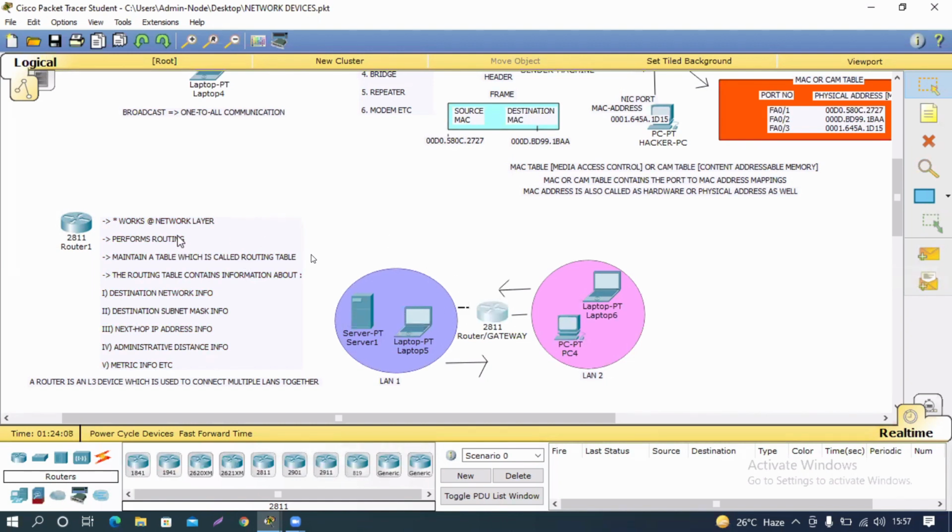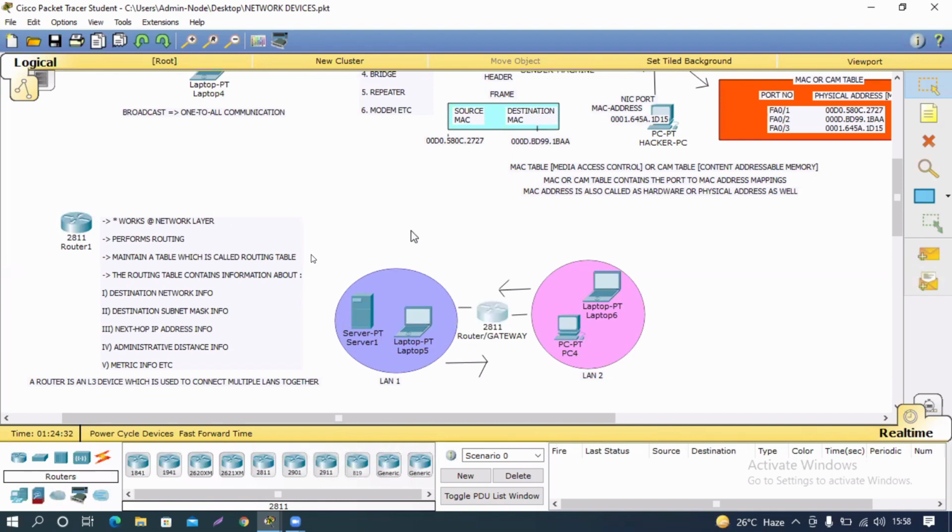Routing means take information from this LAN and deliver it to the other LAN. This type of information exchange goes on via the router. That is why we call it a gateway device, everyone. Router is also called a gateway. Why?